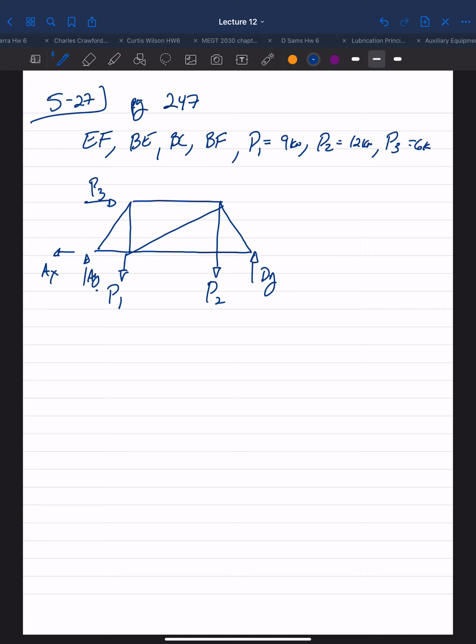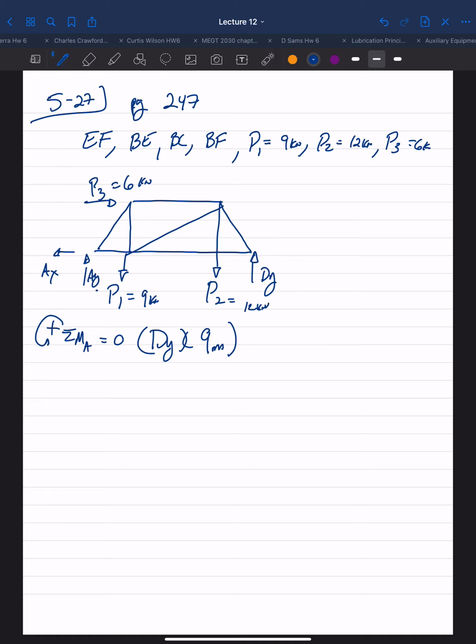Okay, so to find my forces in the support reactions, take the sum of moments about point A. You have dy times the perpendicular distance of 9 meters minus your, we said P3 is 6 kilonewtons, P1 is 9 kilonewtons, and P2 is 12 kilonewtons.